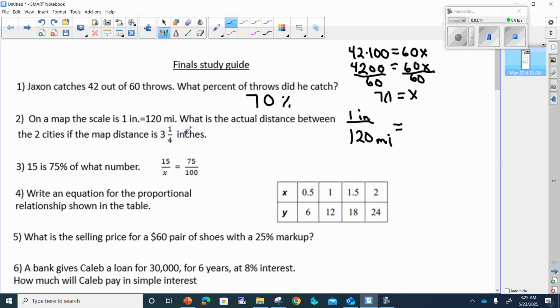We're looking to find out how much 3 1/4 inch is. This time we're putting the ratios equal to each other. We're trying to find the number of miles. We're still using cross multiplication, which means we're going to take 1 inch times x and 120 miles times 3 1/4.